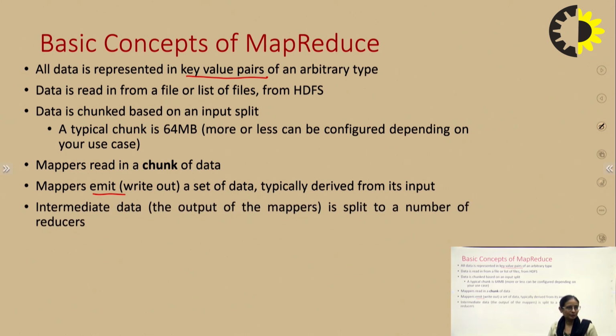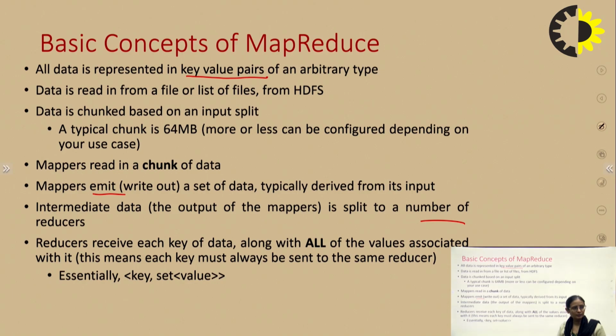Meanwhile, some intermediary data is also produced, and this intermediary data is split to a number of reducers. This is the intermediate data which we get from the mappers.